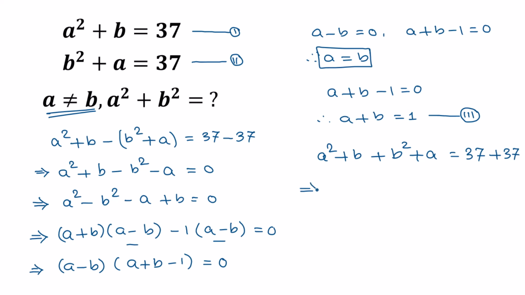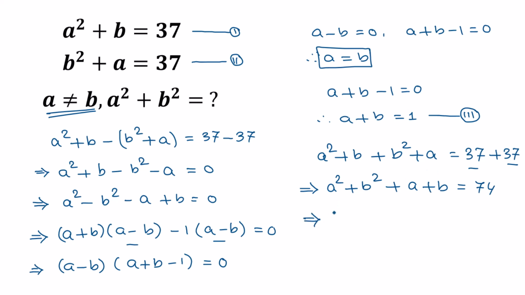Or rearranging, a square plus b square plus a plus b is equal to 37 plus 37, which is 74.